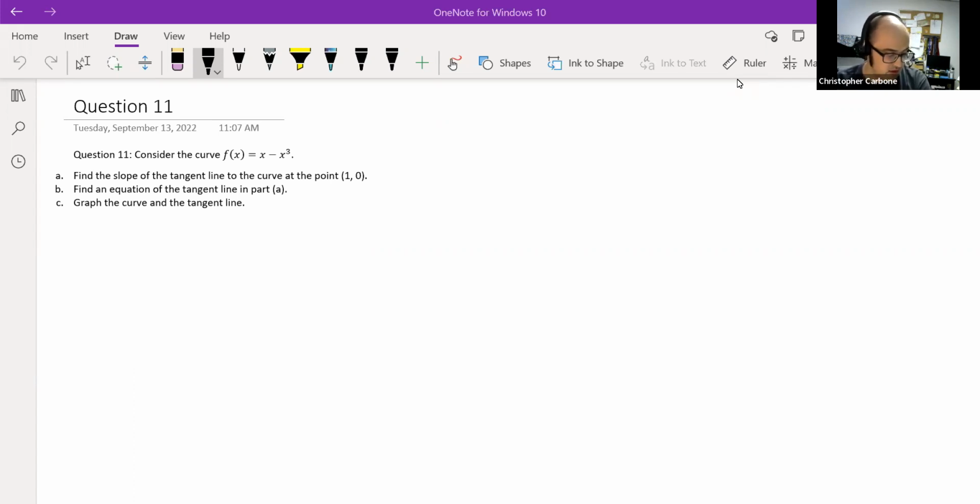So, in order for us to find the slope of the tangent line, we have our function f of x is equal to x minus x cubed, and our point P is at (1, 0).